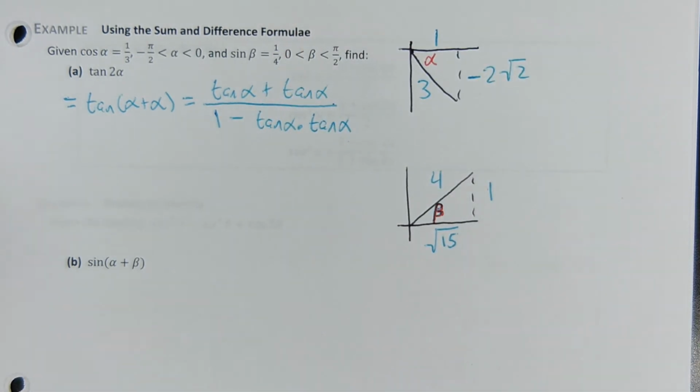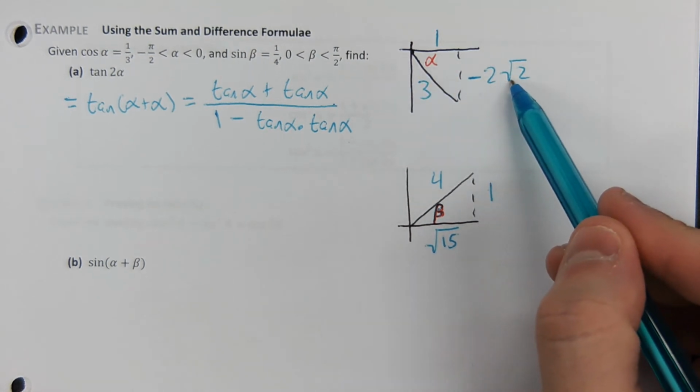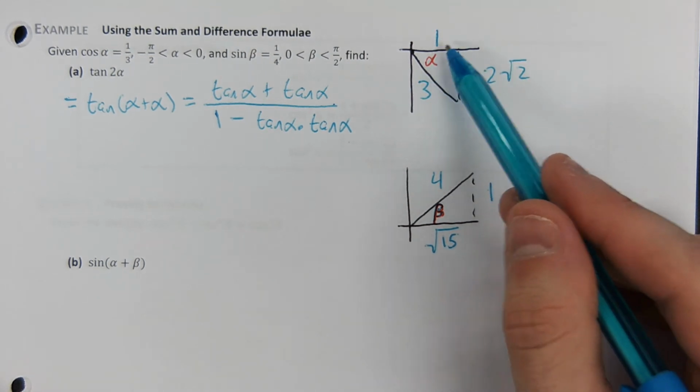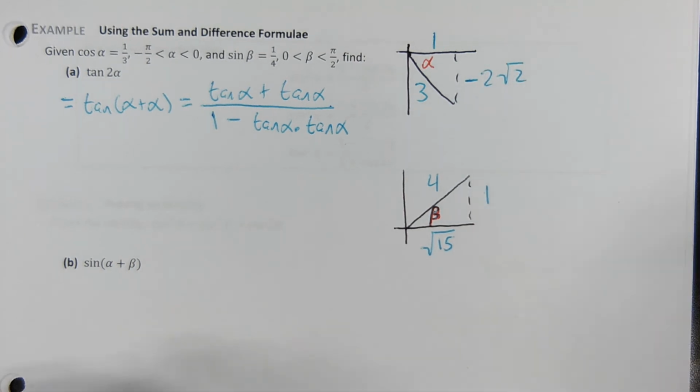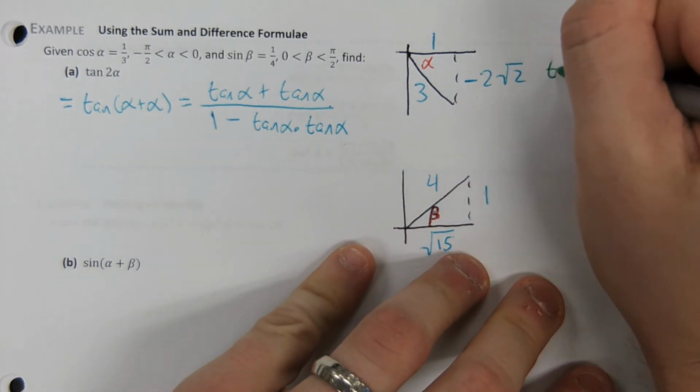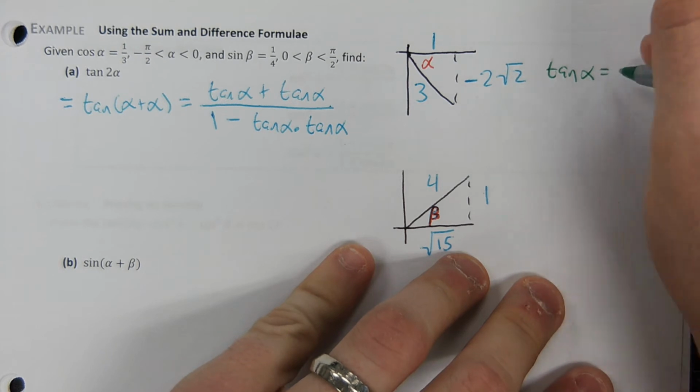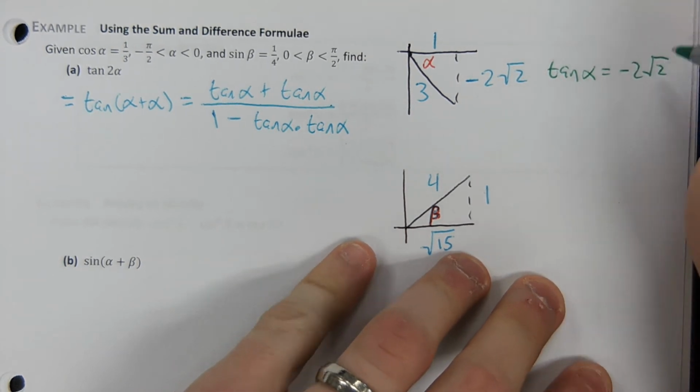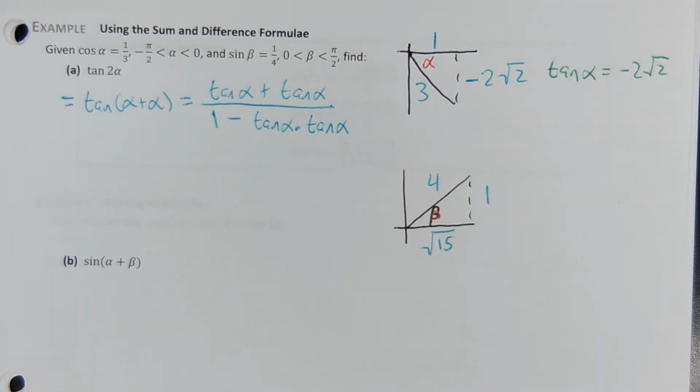All I need in order to evaluate this is to know what tangent of alpha is. Well, tangent of alpha is y over x, right? So we look to alpha, and we see y over x. Tangent alpha is just -2 root 2. So we just drop that in.